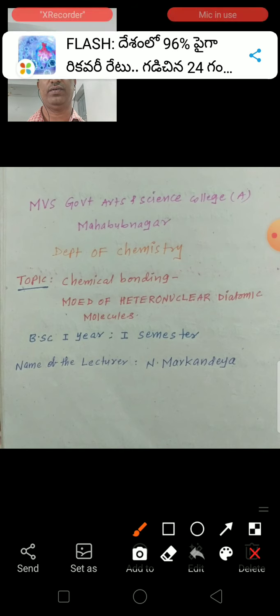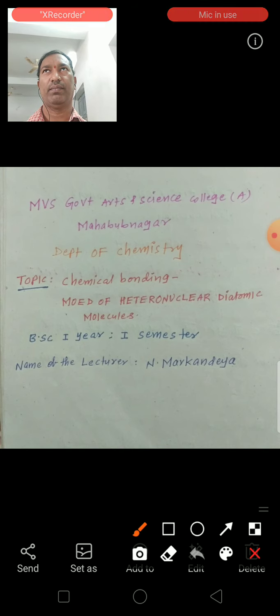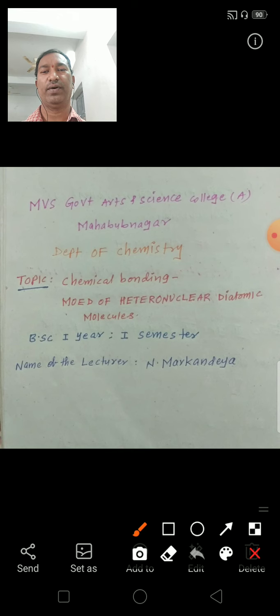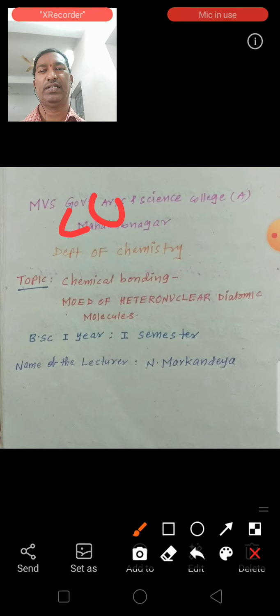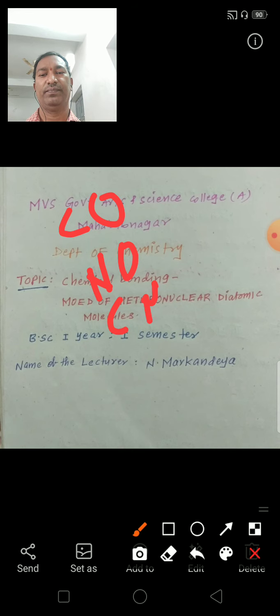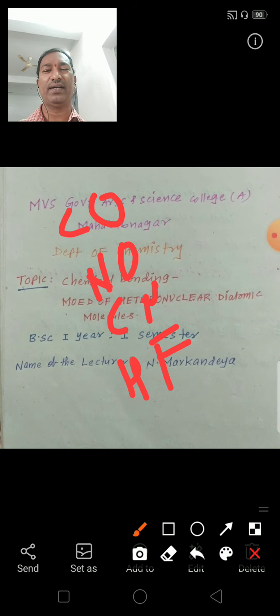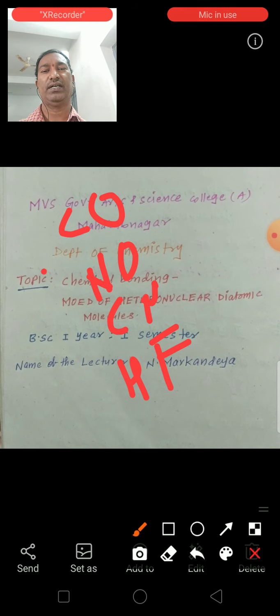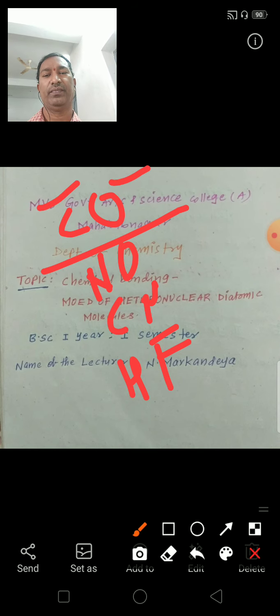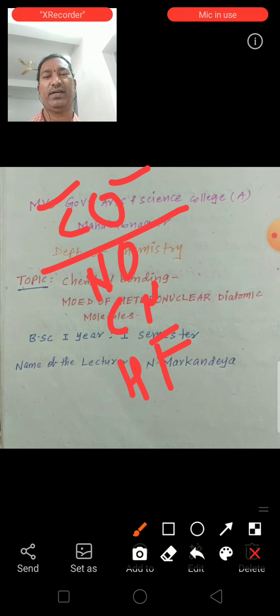So heteronuclear diatomic means the molecule formed by two different atoms, like CO, NO, CN, HF. Carbon monoxide is formed by carbon and oxygen, NO is formed by nitrogen and oxygen.